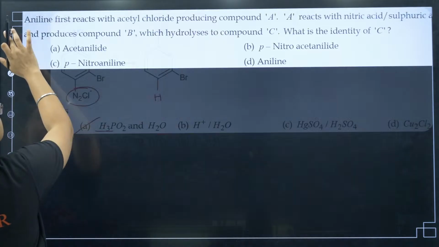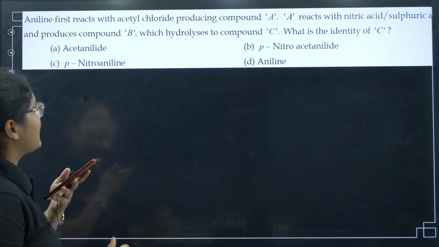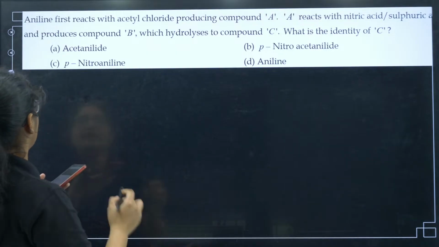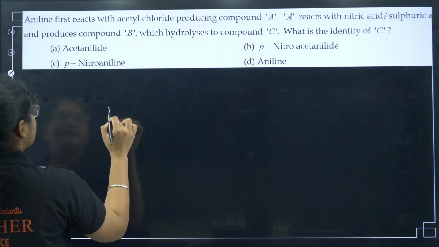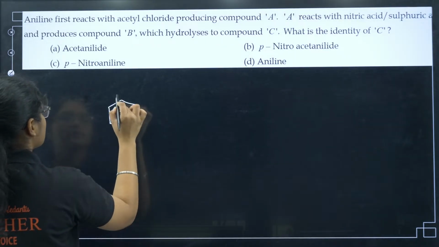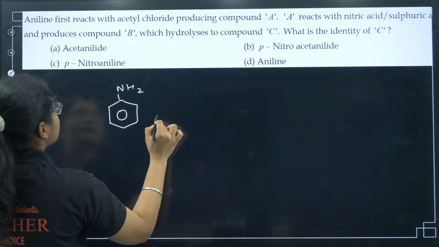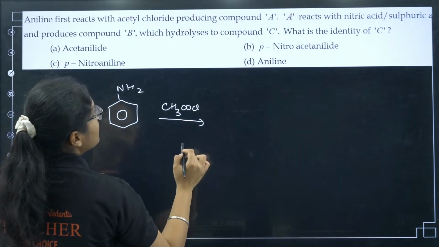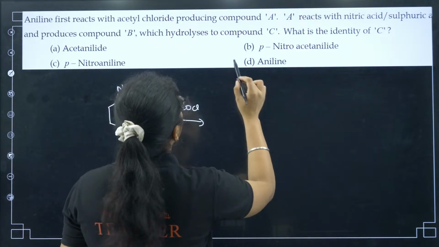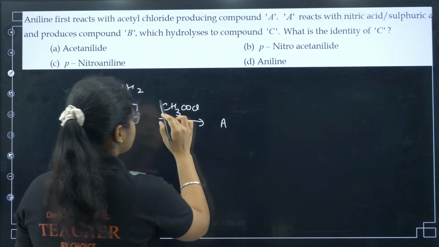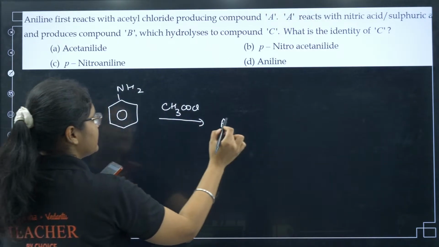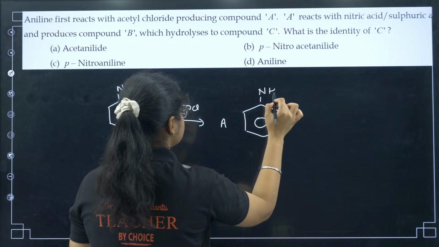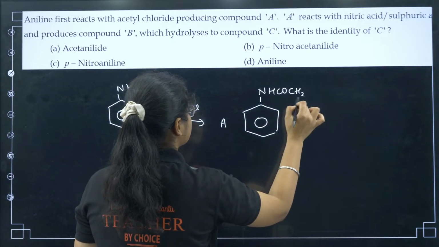Next, we will have aniline reacts with acetyl chloride producing compound A. A reacts with nitric acid. So first of all, aniline is there, reacts with acetyl chloride, that is CH3COCl, to give a compound A. This will be acetylated and we will get NHCOCH3.